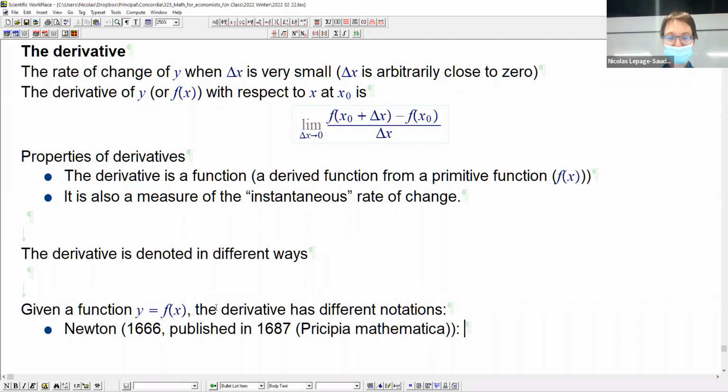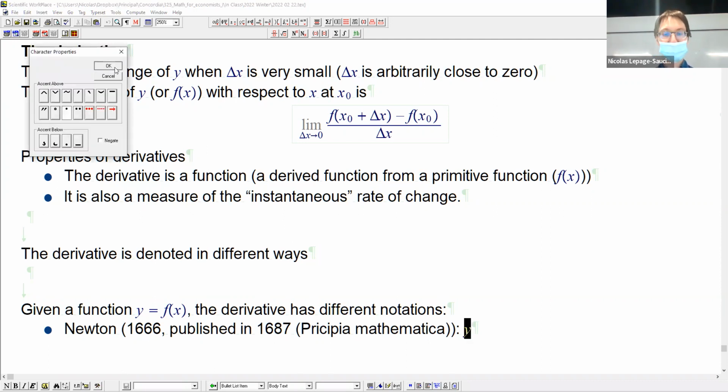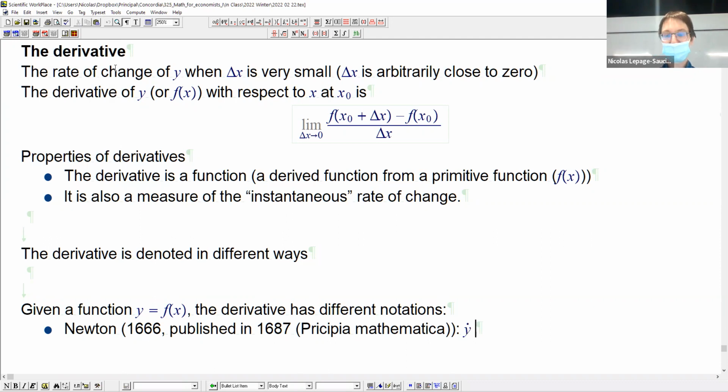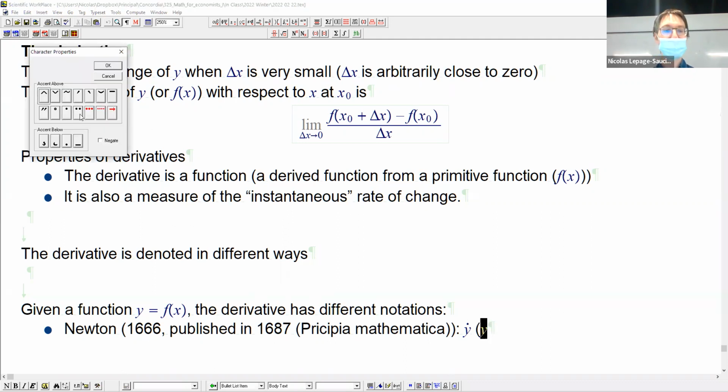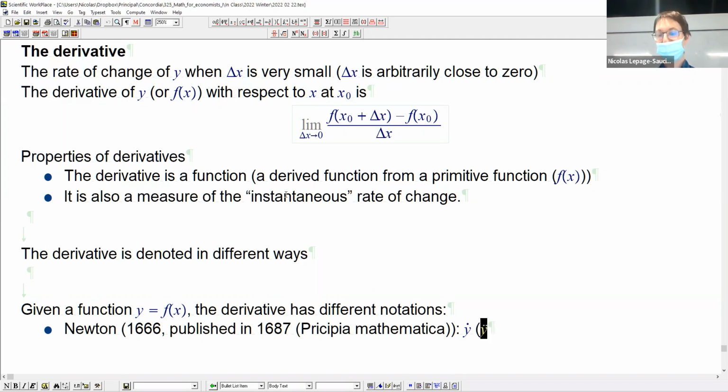And his notation is the following. It's noted this way, y dot. This is for a single derivative, and you can have y dot dot for second derivatives. But we're not going to use that one.